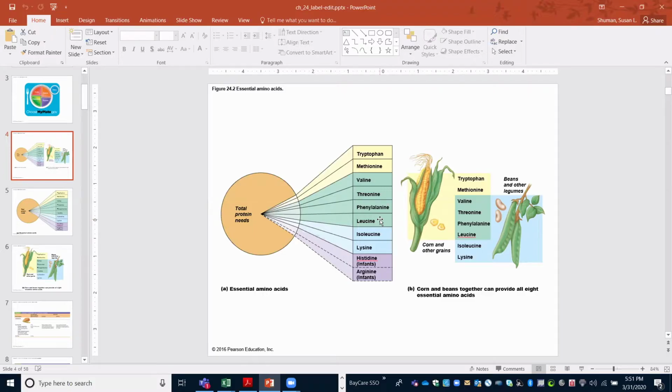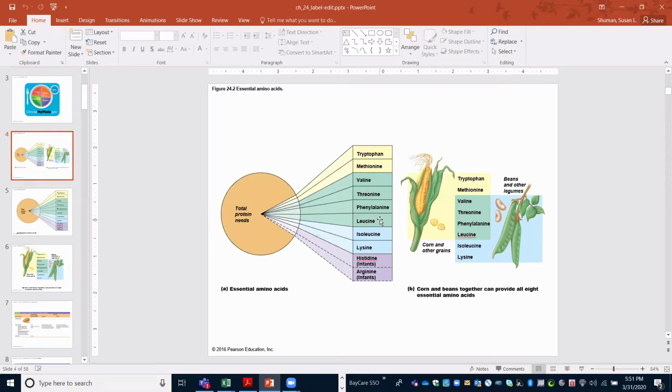Now, the interesting thing is that with incomplete proteins, which are most all of our plant products, if you are going to look for protein in plants, I bet one of the first things you look for is protein. What do people eat if they want protein in vegetables? Beans. Yes, exactly.